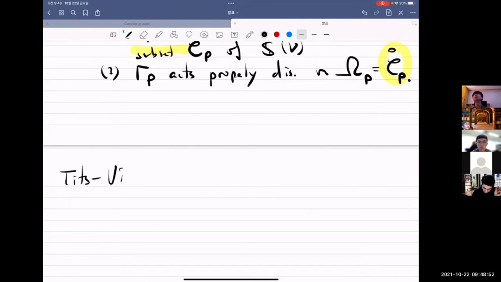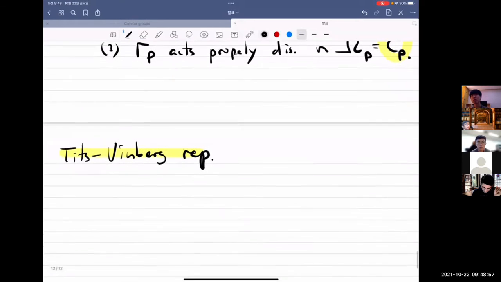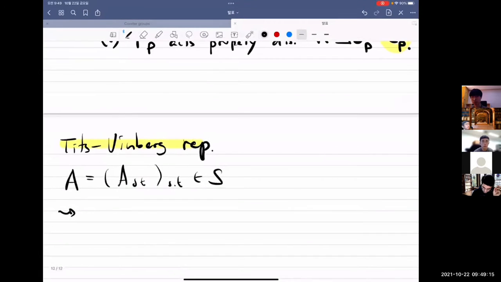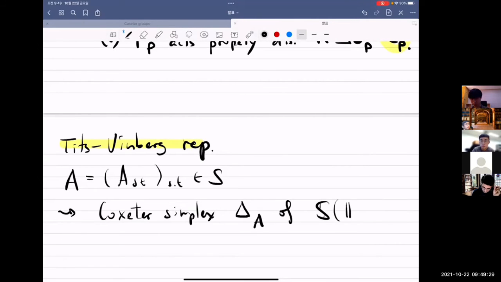So the Tits-Vinberg representation. So A is my Cartan matrix, A indexed by S, T in S, and then this Cartan matrix will give us a Coxeter simplex. Sorry, the simplex. I will denote it by Delta A in R^S. Okay.